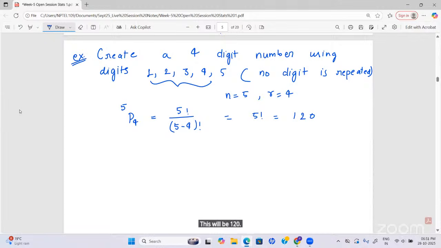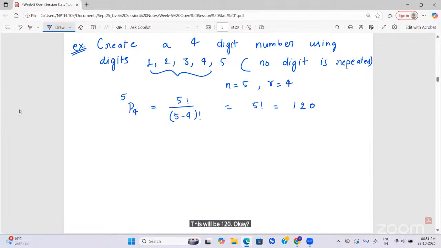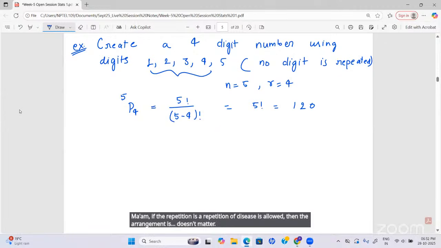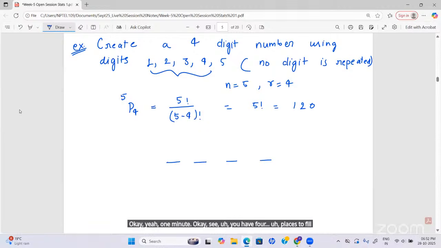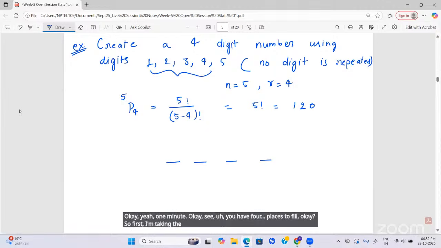Ma'am, if the repetition of digit is allowed, then the arrangement doesn't matter, no? Okay, one minute. See, you have 4 places to fill. First I'm taking the non-repetition case.